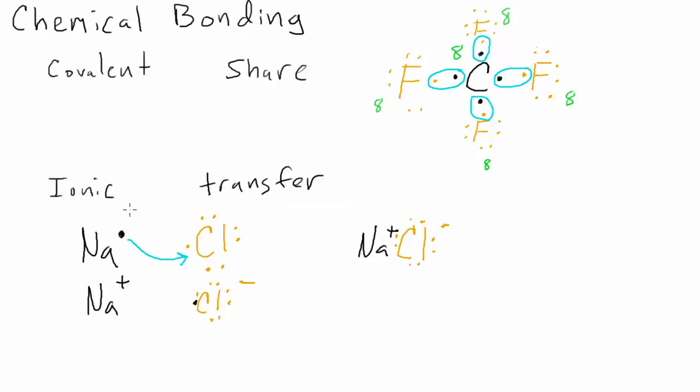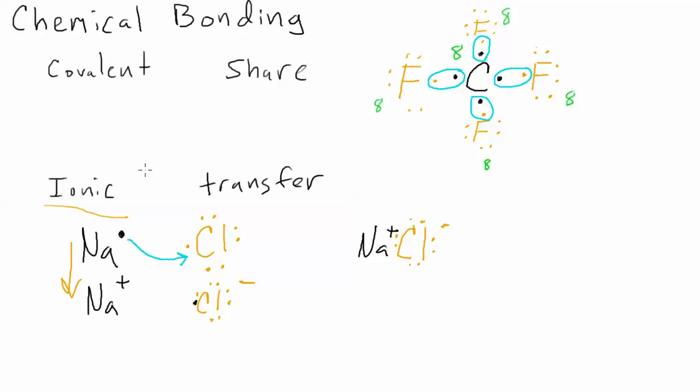And that transfer, which causes these atoms to become ions, and then causes the oppositely charged ions to stick together, right? That attraction that sticks the opposite ions together is called an ionic bond, an ionic chemical bond.